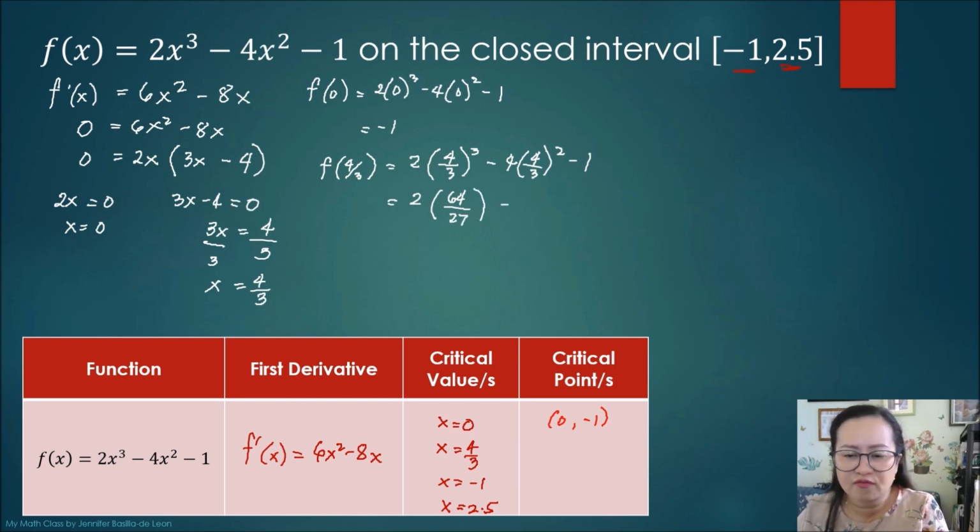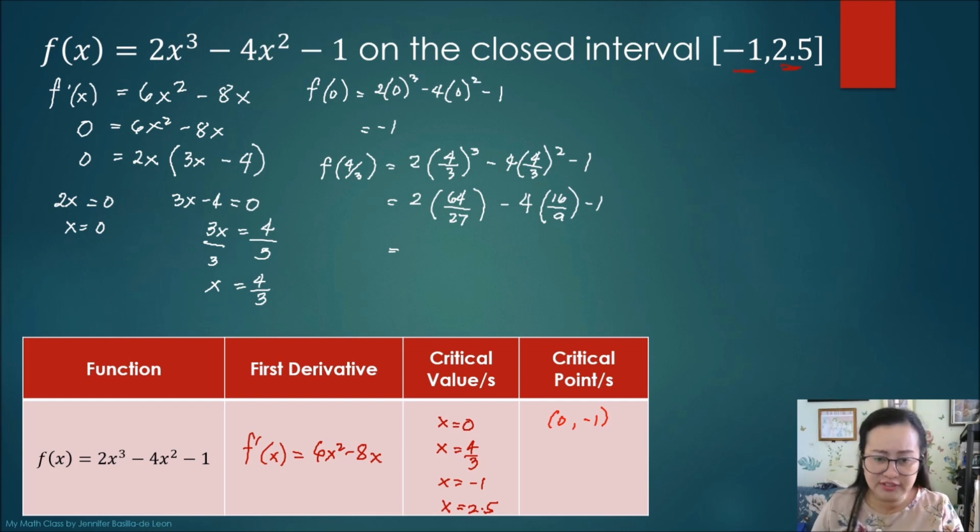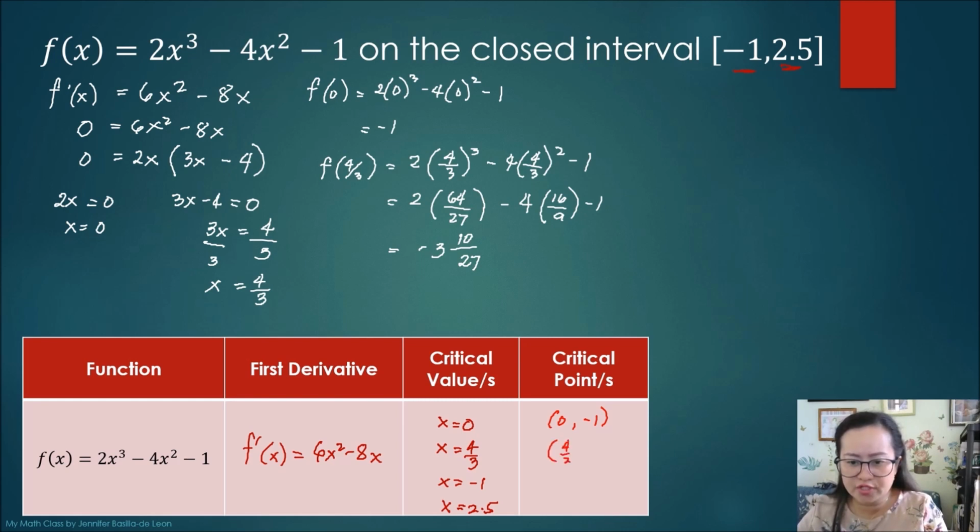Then the square of 4 is 16, and the square of 3 is 9. And then we simplify using our scientific calculator. We will have -3 and 10/27. So the critical point is (4/3, -3 and 10/27).